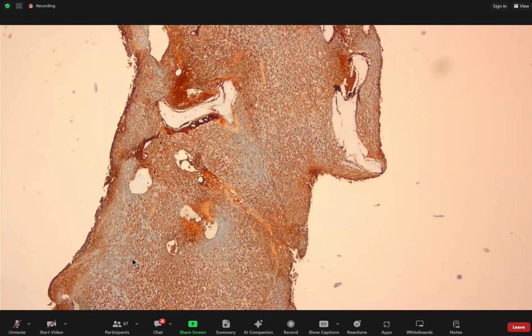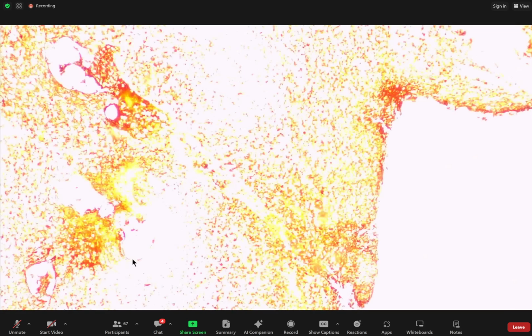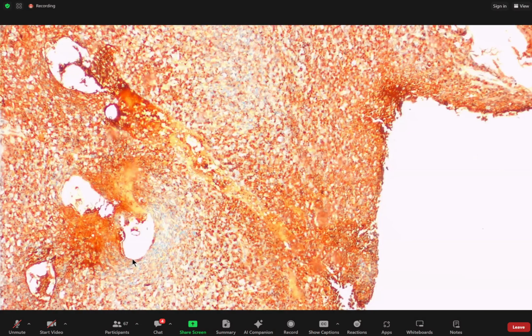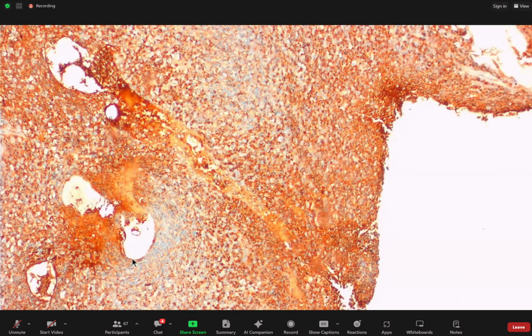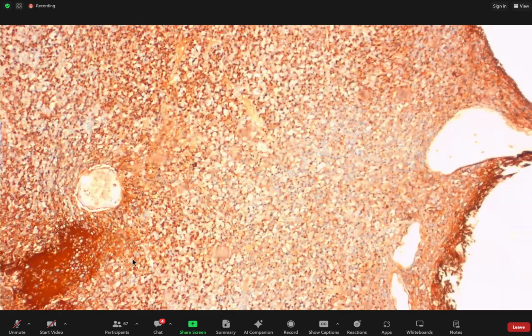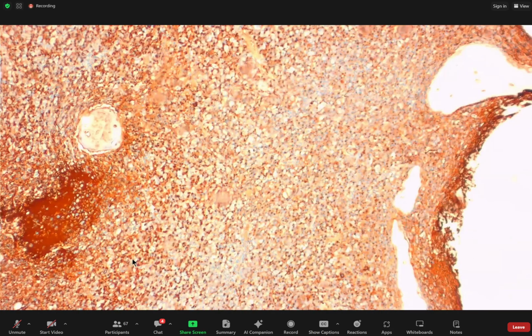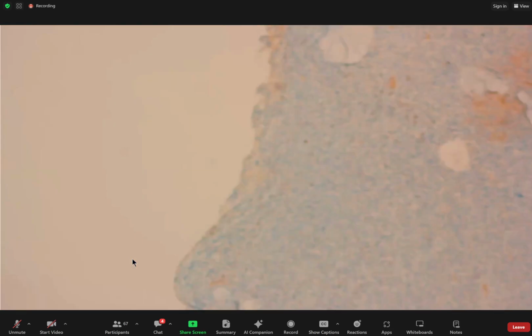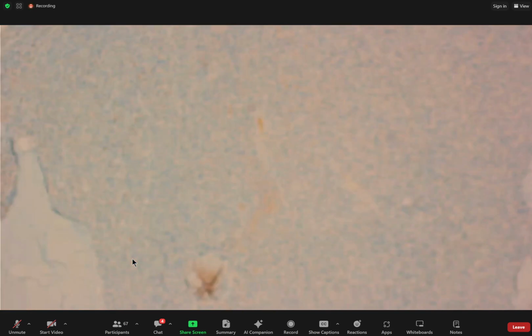So basically this abnormal cell is expressing IgG rather than IgM. We do have IgD, but they are basically negative for IgD.